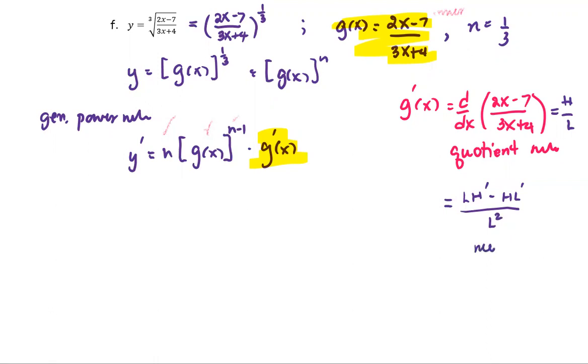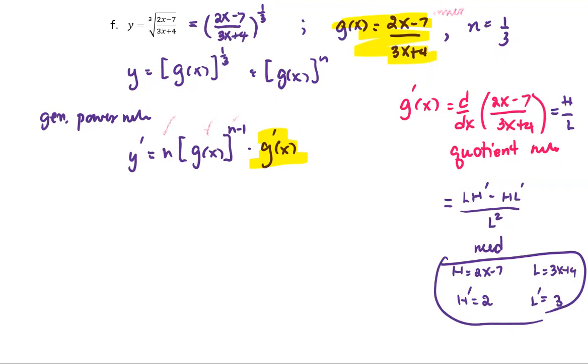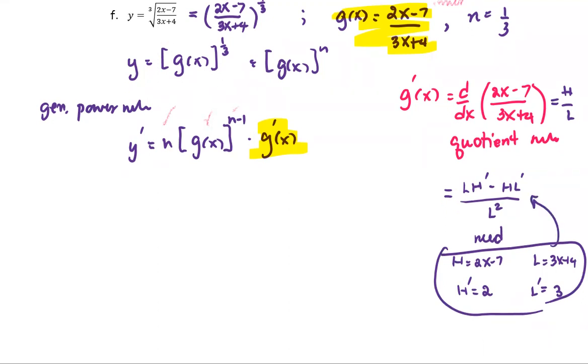We know the high is 2x minus 7, the low is 3x plus 4. So d high is the derivative of 2x minus 7, which is 2, and d low is the derivative of 3x plus 4, which is 3. So we get all the pieces. We're going to bring these four pieces of information into the formula to find g prime.